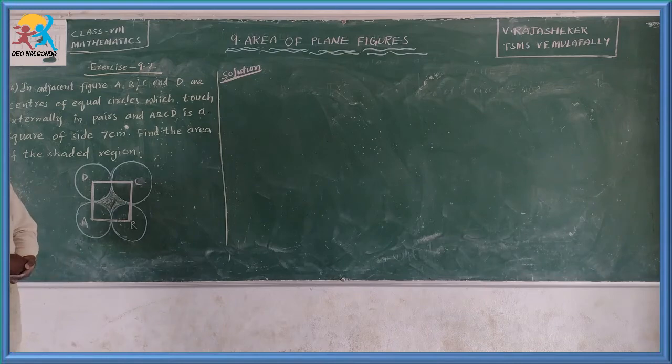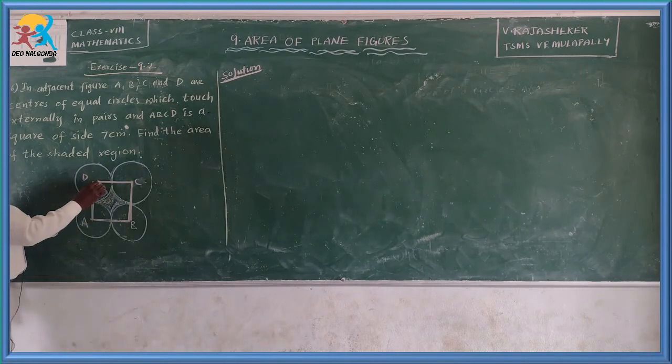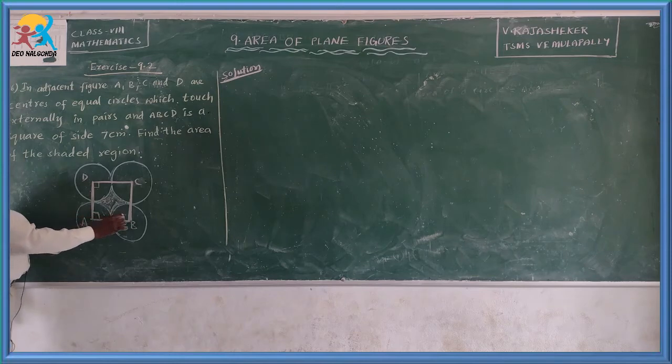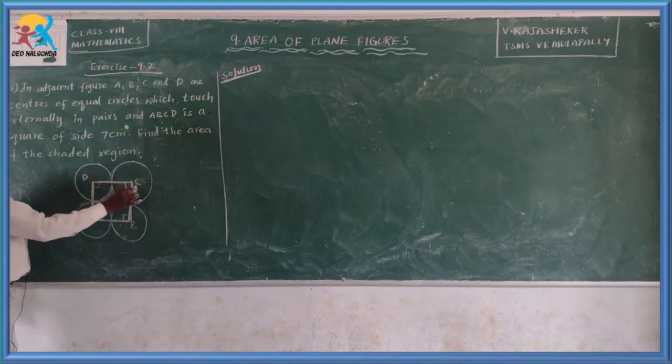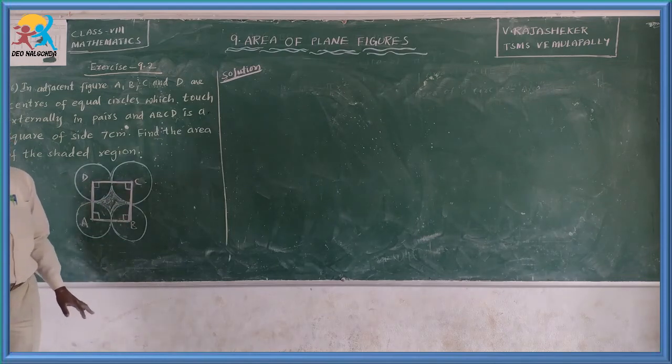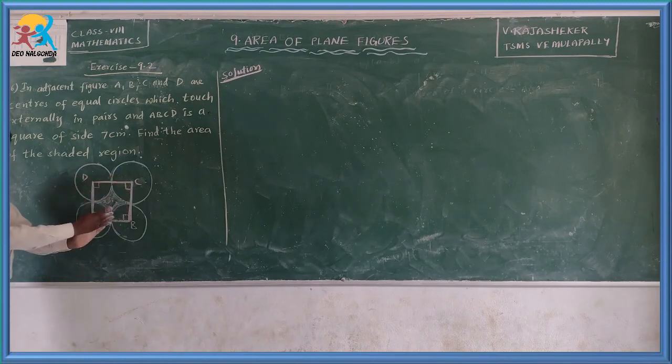Now how to find? See, we know the area of the circle. We know the area of sector. Equal circles means there will be equal radius. ABCD is a square, that means every angle is 90 degrees. You can find the area of the square.